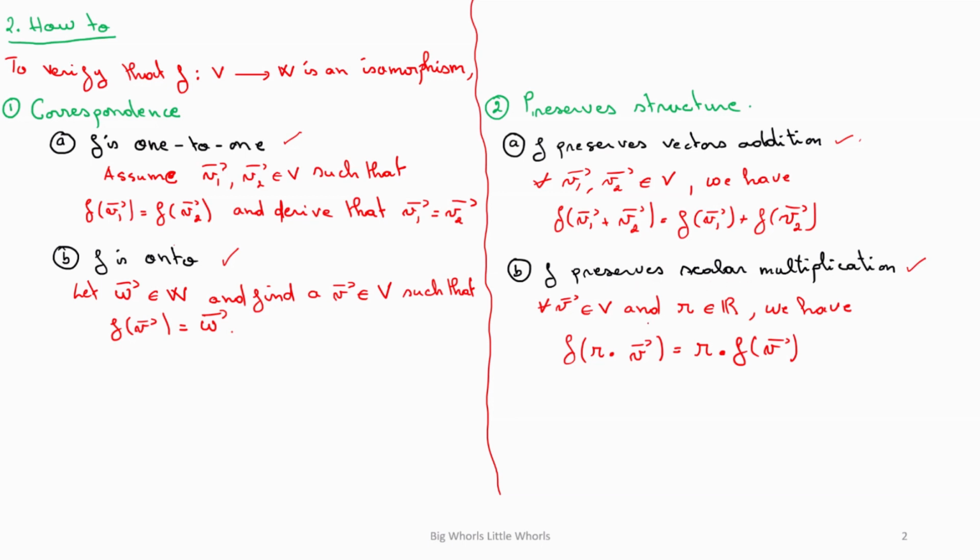So for all v in the domain, we want to prove that f of r, being a scalar, multiplied by v is equal to r times f of v. So let's go.